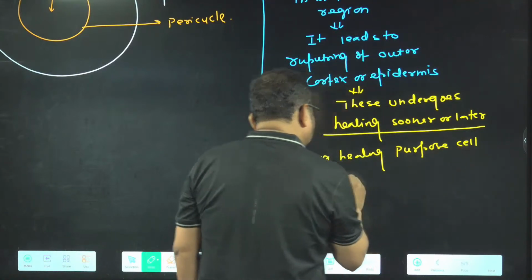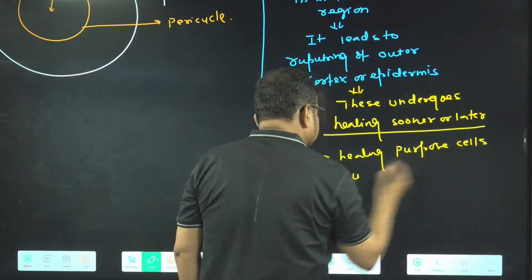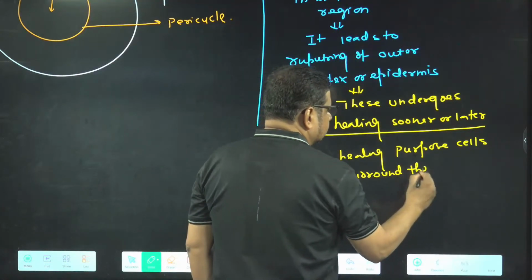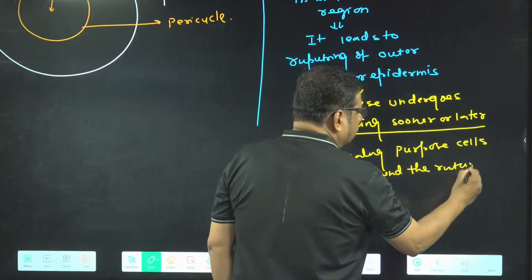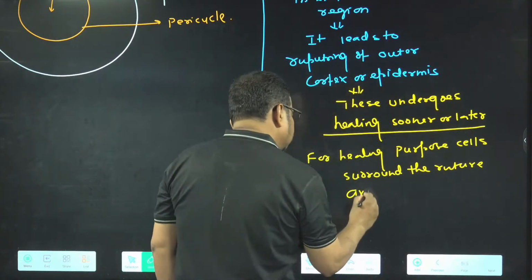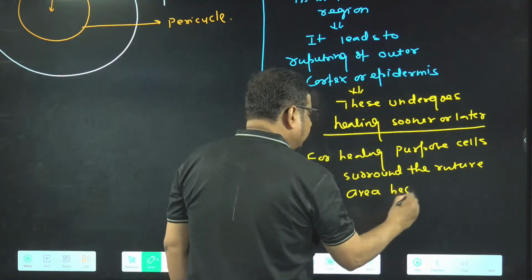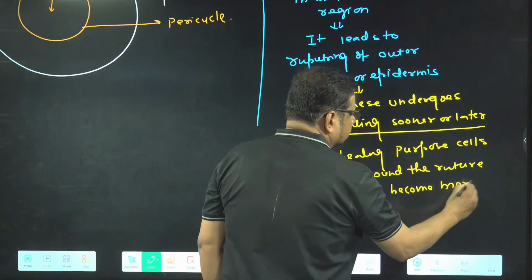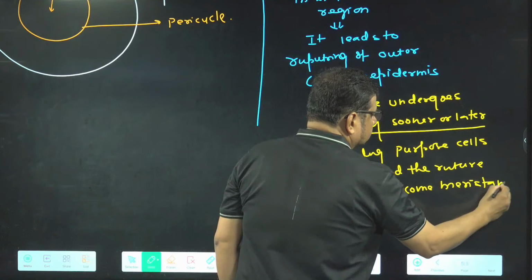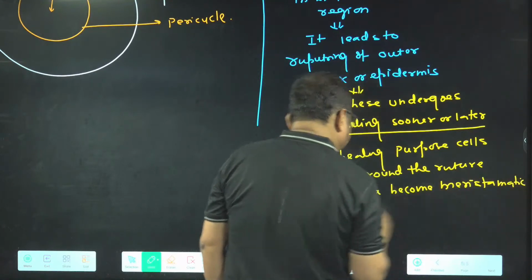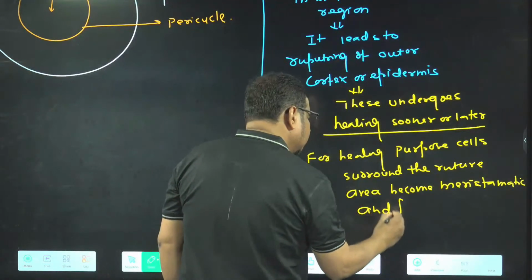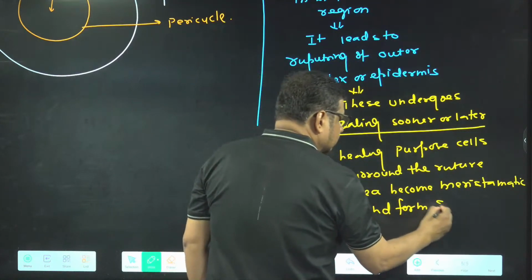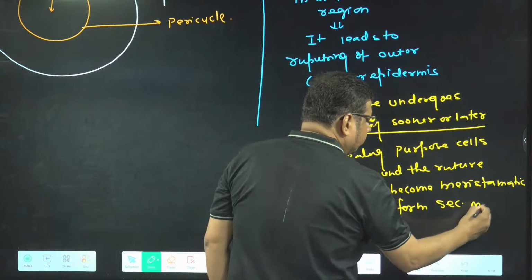cells surrounding the rupture area become meristematic and form secondary meristem.